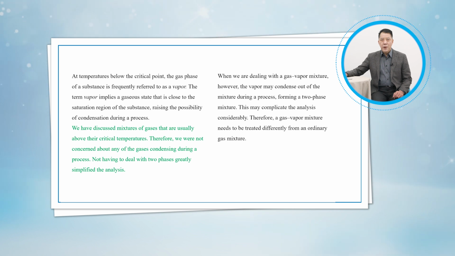However, the vapor may condense out of the mixture during a process, forming a two-phase mixture. This may complicate the analysis considerably. Therefore, a gas-vapor mixture needs to be treated differently from an ordinary gas mixture.